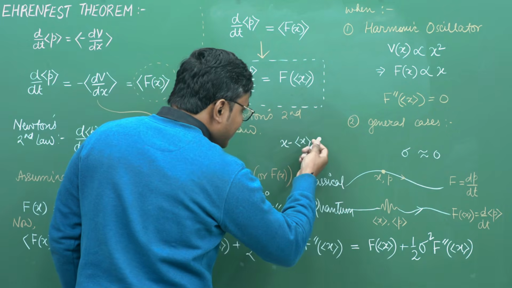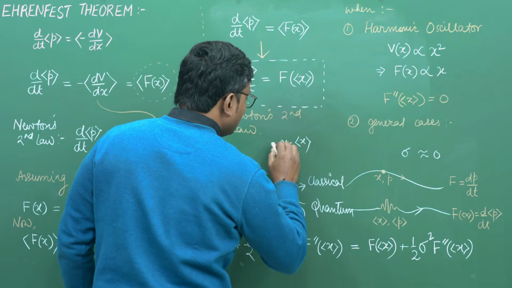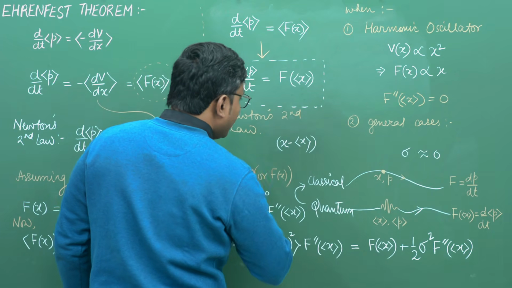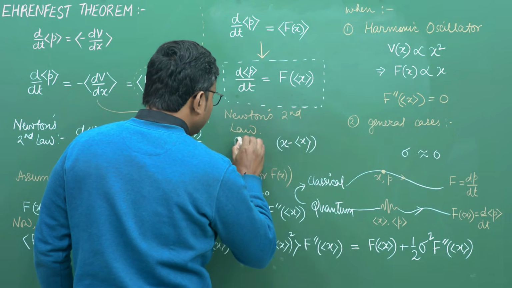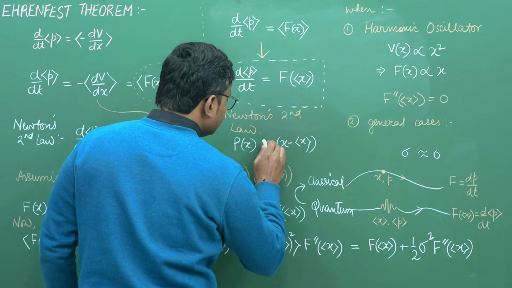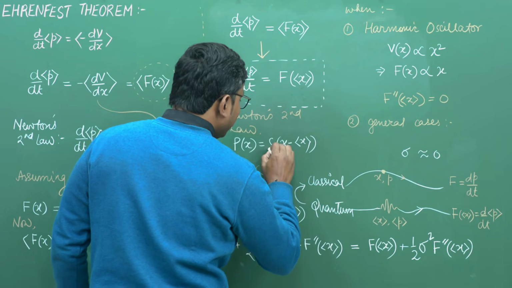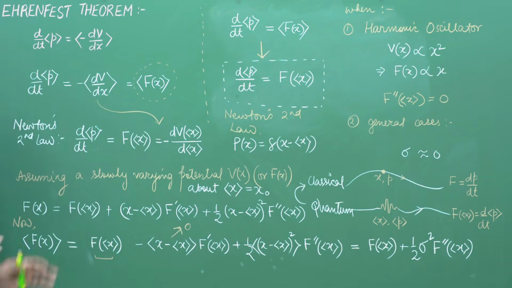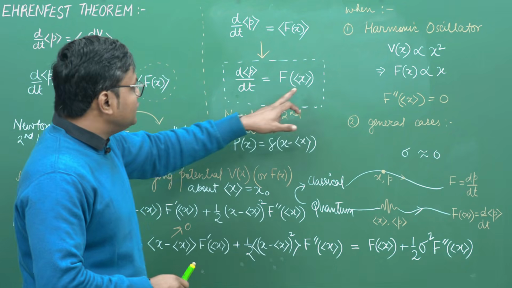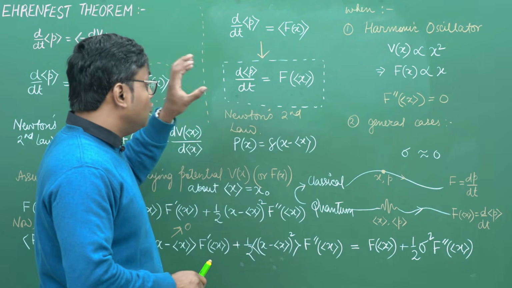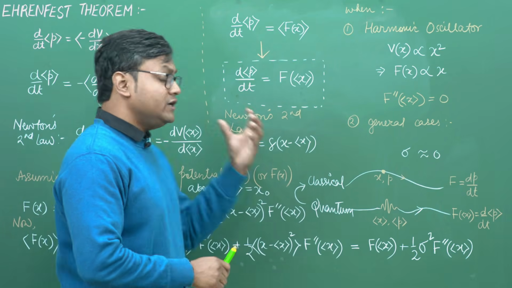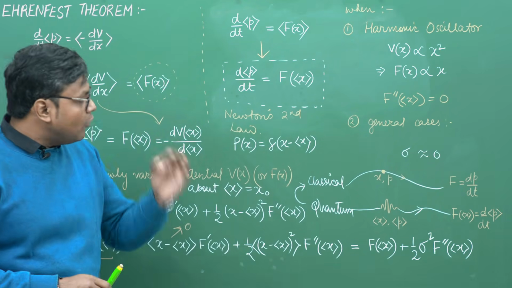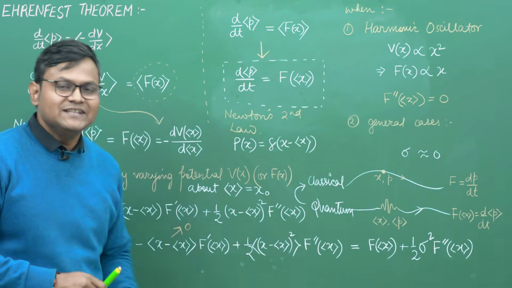So x minus x0 should be 0. This kind of limit is only possible where the probability of the particle's position is equal to a delta function of x minus x0. If this is the case, then the expectation value of position and expectation value of momentum will be analogous to Newton's second law. That means the expectation value of position and momentum will follow classical trajectories.